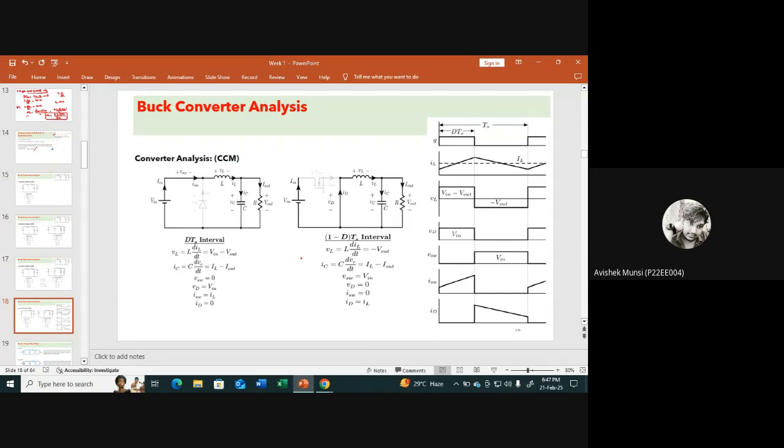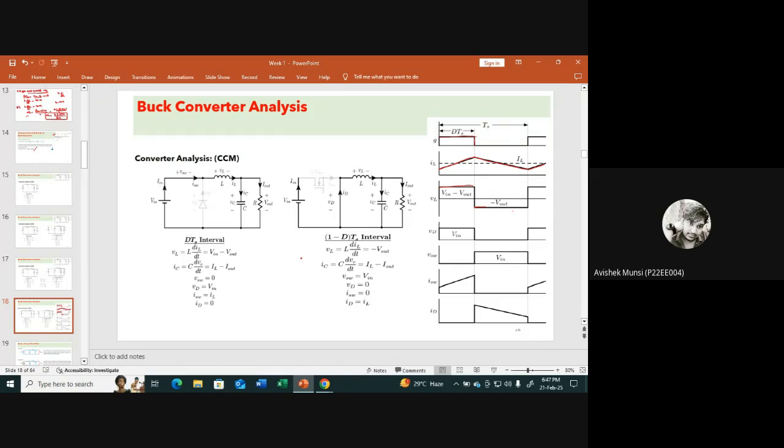During the on time, the current across the inductor is rising. When it is off, the inductor current will discharge across the diode. Again, when it is on, the inductor current rises. The voltage across the inductor is V in minus V naught during the on time, and during the off time it is negative of V0.